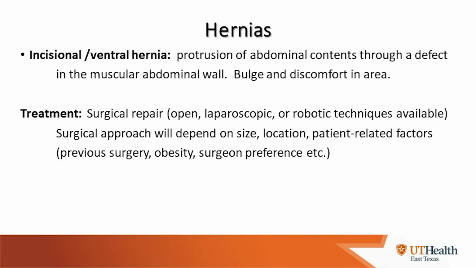Sometimes folks have had previous surgery, and where the scar is present can separate and lead to what we call an incisional hernia, and protrusion of the abdominal contents through the defect in the muscular abdominal wall. Treatment for hernias is surgical repair. Open, laparoscopic, and robotic techniques are available. Basically, the approach will depend on the size of the hernia, the location, and patient-related factors.